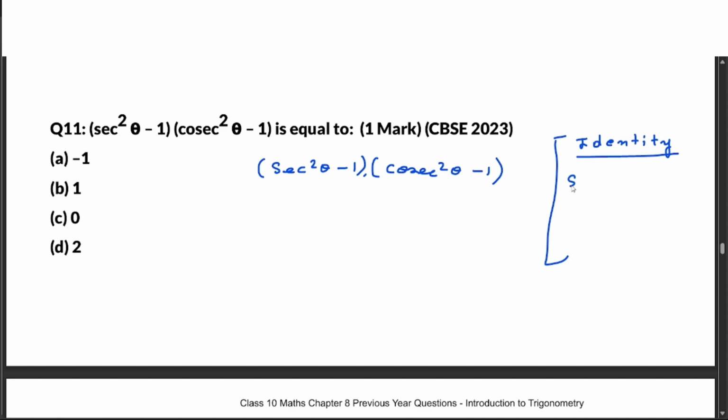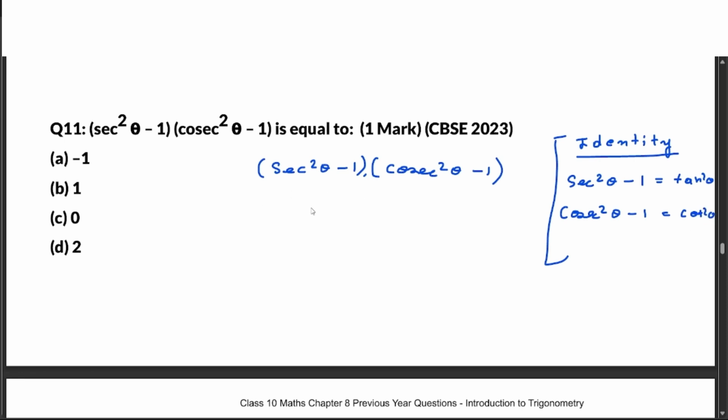So sec square theta minus 1 is equal to how much? Tan square theta. And in the same way, cosec square theta minus 1 is equal to how much? Cot square theta.